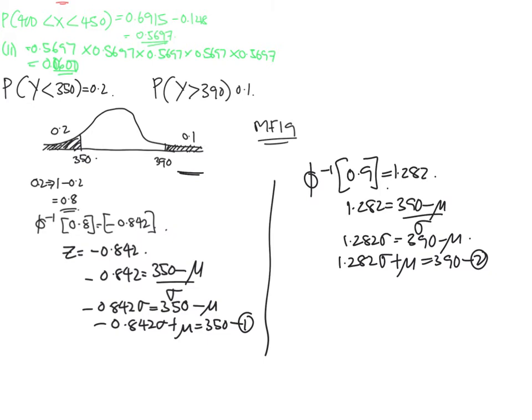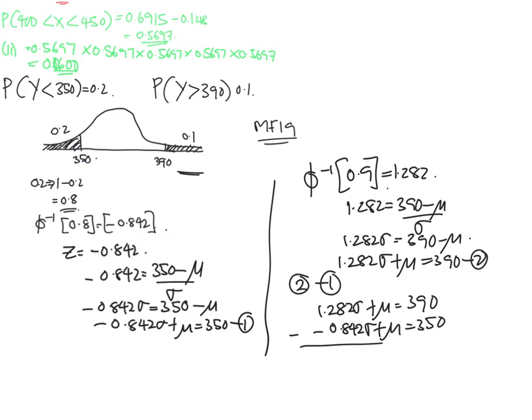Now let's do this. I can eliminate mu, so equation 2 minus equation 1: 1.282 sigma plus mu equals 390, minus negative 0.842 sigma plus mu equals 350.